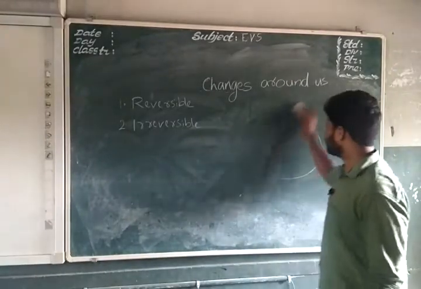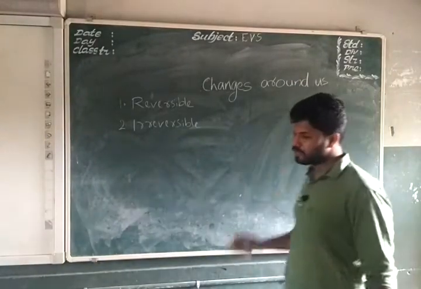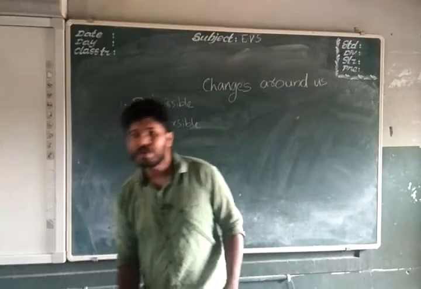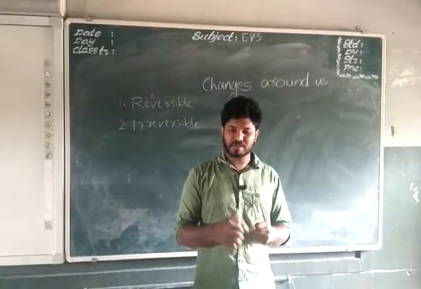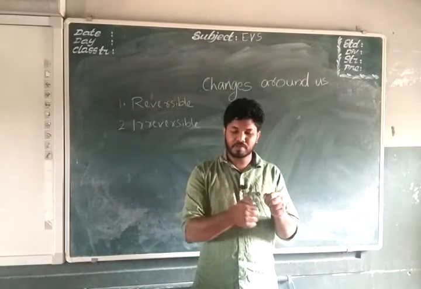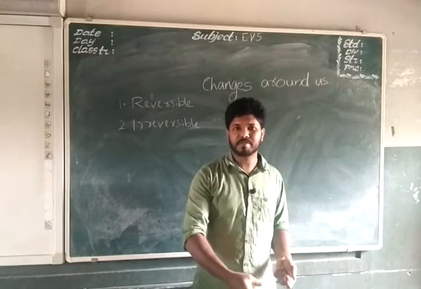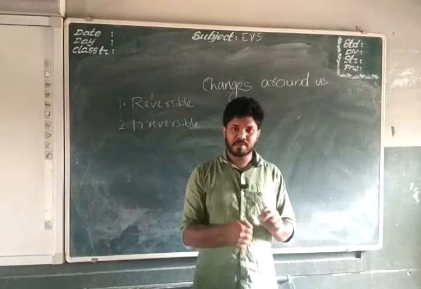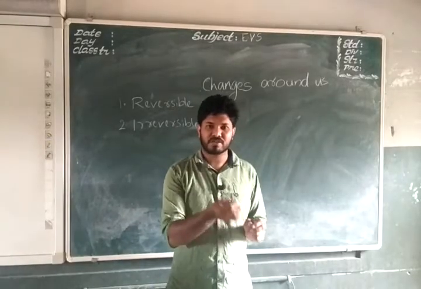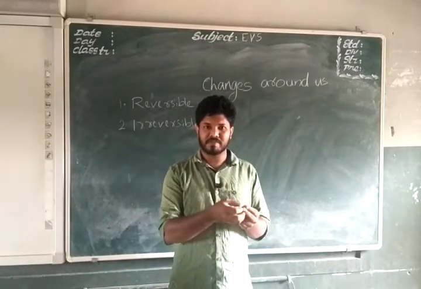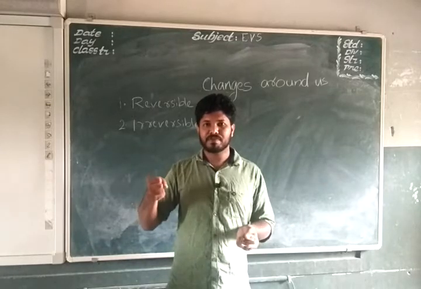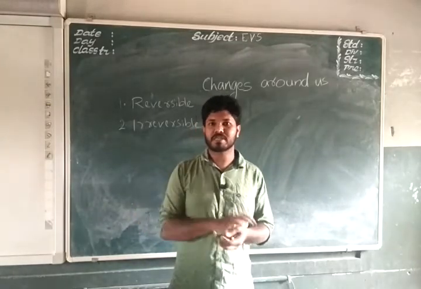But some of the things can't be reversed. If you burn a paper using a matchstick or lighter, can it be reversed? Can you get back the paper from the ash? After burning paper, there will be some ash. Can we get back the paper from that ash? No, not at all possible.